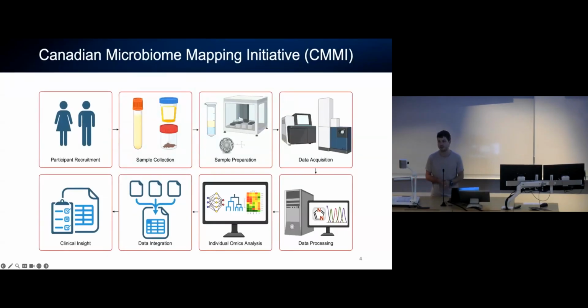Most of the data that I'm going to talk about today is from the Canadian Microbiome Mapping Initiative. Briefly, this is a multi-group collaboration with all different labs here in the LSI and the Michael Smith Lab. The idea is to develop this multiomics pipeline where we can take participants from different studies and run them through with different sample types, do all the different sample preps.